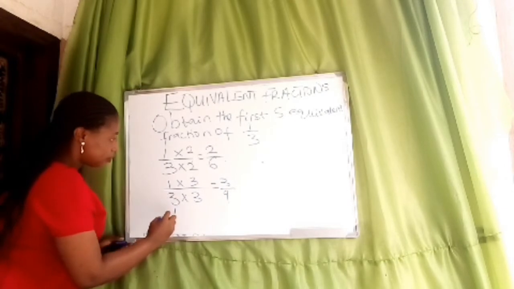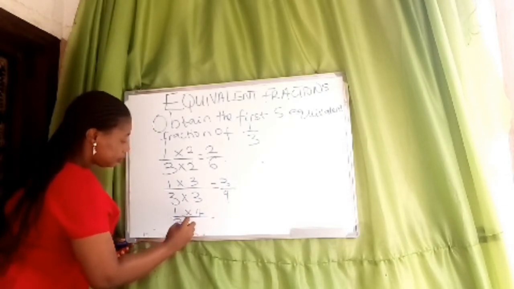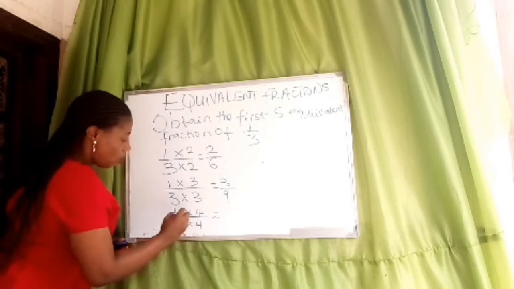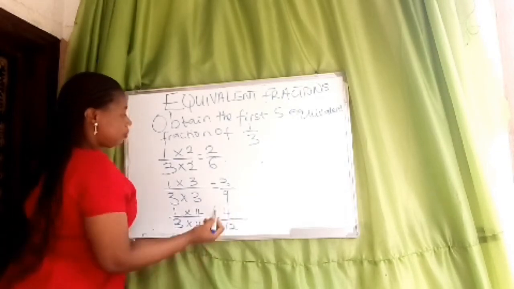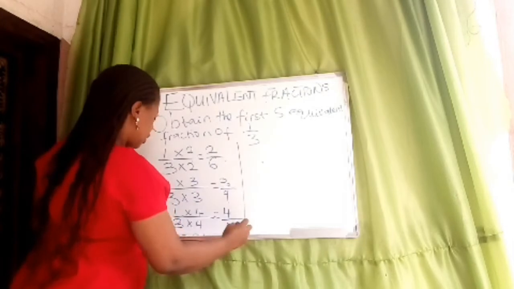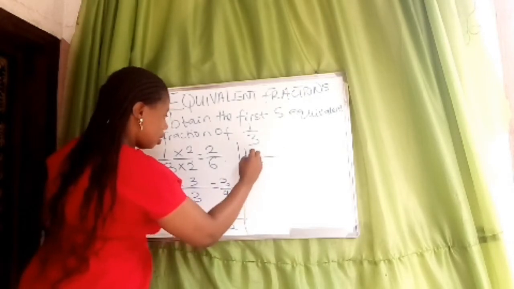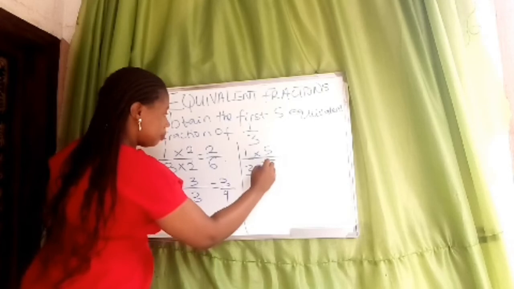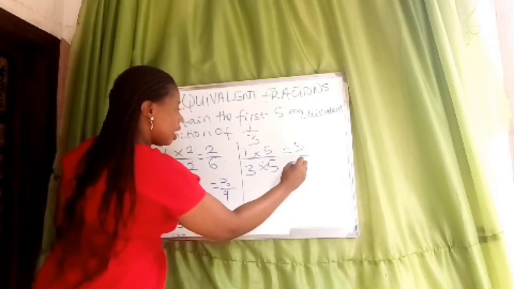The fourth, times 4, 4. 3 times 4, 12. The fifth, that's 15.